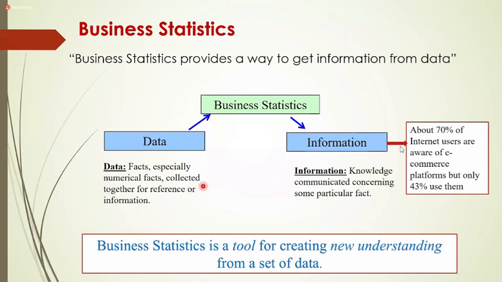By using this data, we found 70%. So we convert this data into this form: 70% of internet users are aware of e-commerce, and among them, 40% are using the e-commerce platform. Now this is the information, right?